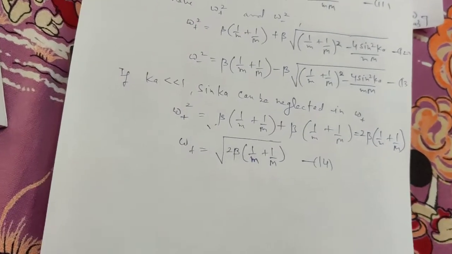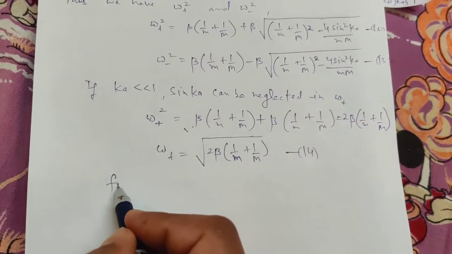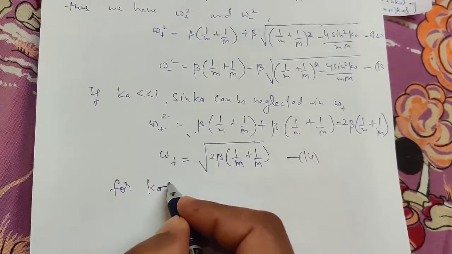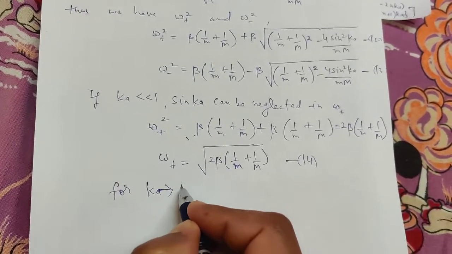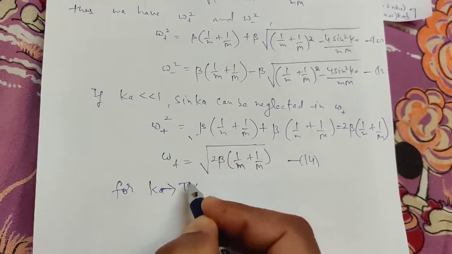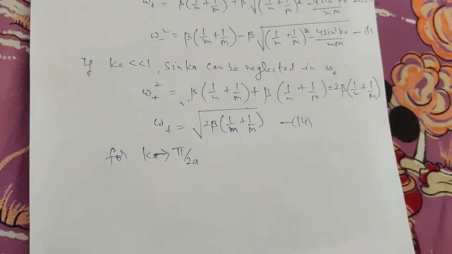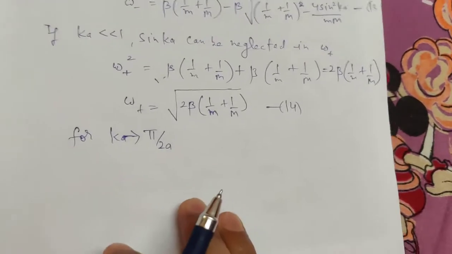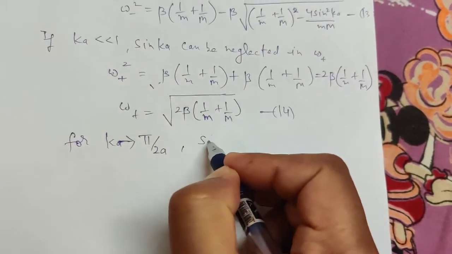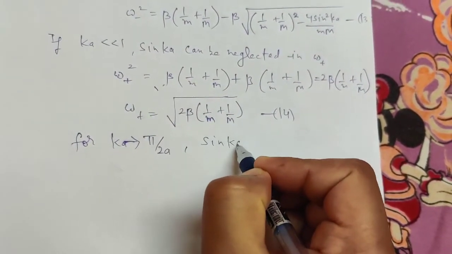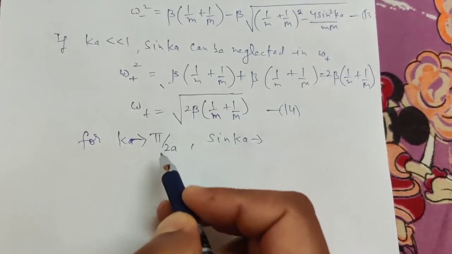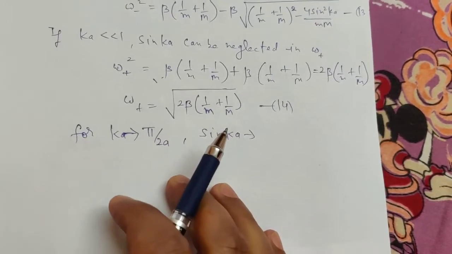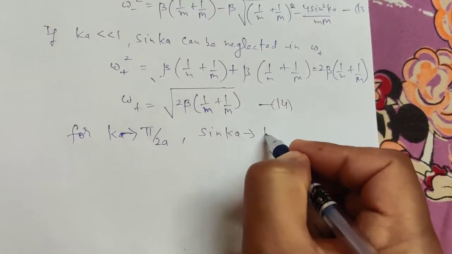Now for another condition, for k greater than pi by 2a, these are two conditions we have found, for large frequency and for small frequency. Sin k approaches 1, suppose it is pi by 2, and sin pi by 2 is equal to 1.